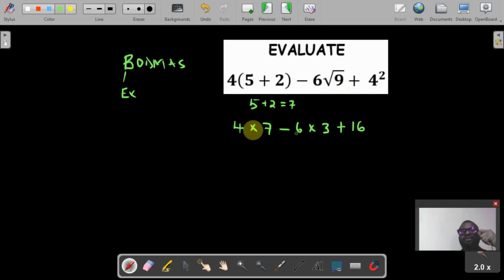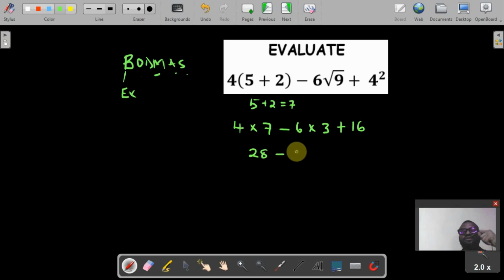Now when you look at this expression, you still have multiplication, subtraction, and addition. Then you go back to BODMAS. Multiplication comes before addition and subtraction. So you handle multiplication: 4 times 7 will give us 28.